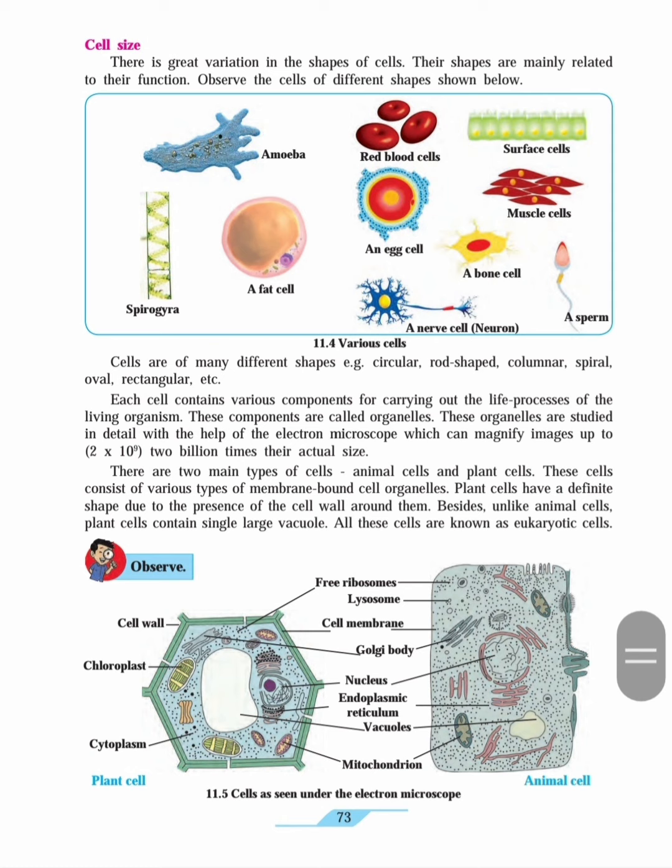There are two main types of cells: animal cells and plant cells. These cells consist of various types of membrane-bound cell organelles. Plant cells have a definite shape due to the presence of a cell wall around. Besides, unlike animal cells, plant cells contain a single large vacuole. All these cells are known as eukaryotic cells.